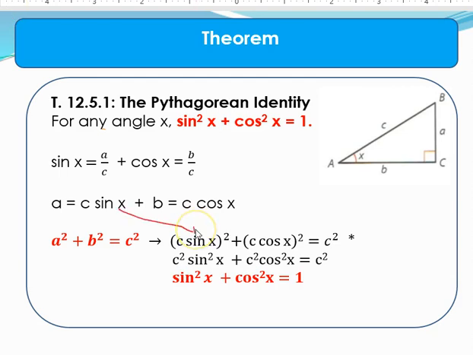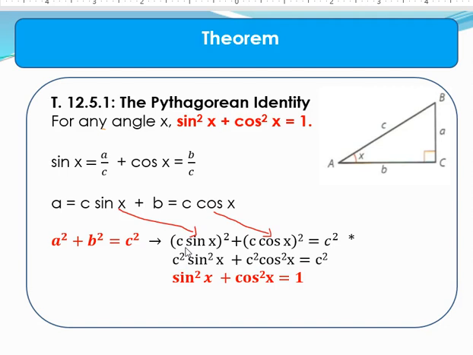There it is right there. So c sine x squared, this whole expression squared. b equals c cosine x, and we will square it, and they both added together equal the hypotenuse squared.